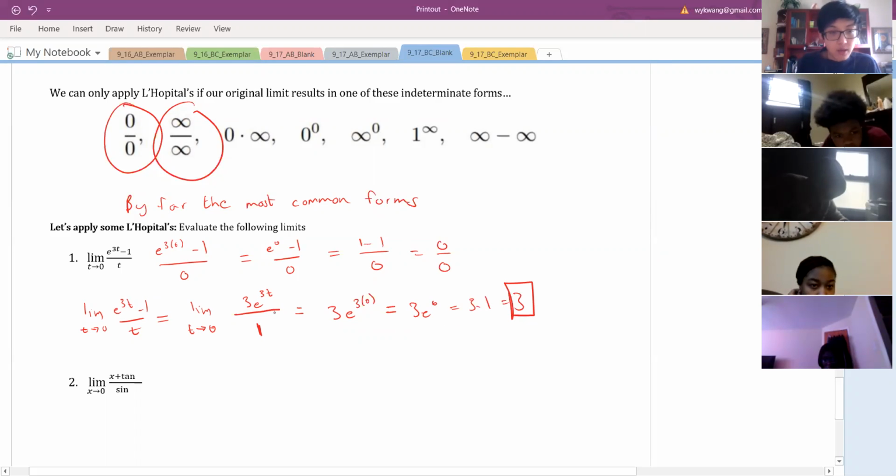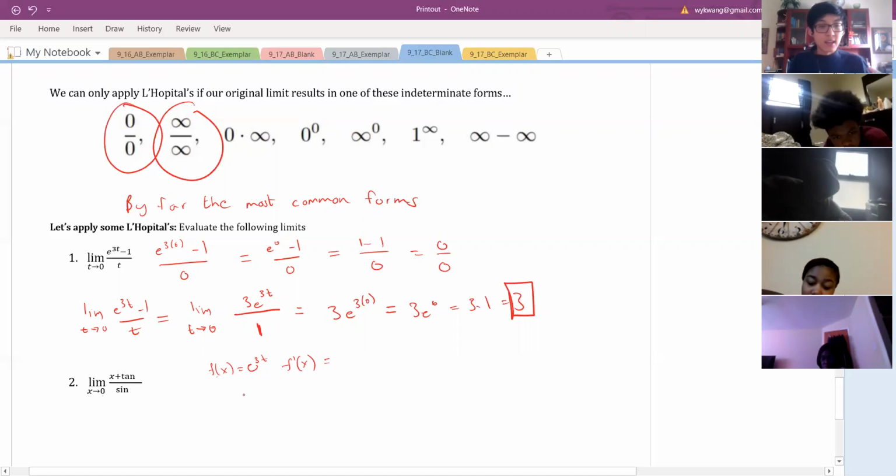Now, I think what is most confusing for people is probably this step. This is basically the L'Hopital step, right? We're deriving the top and the bottom. So the derivative of e to the 3t: let's say f of x is e to the 3t. Then for f prime of x, we have to do chain rule.